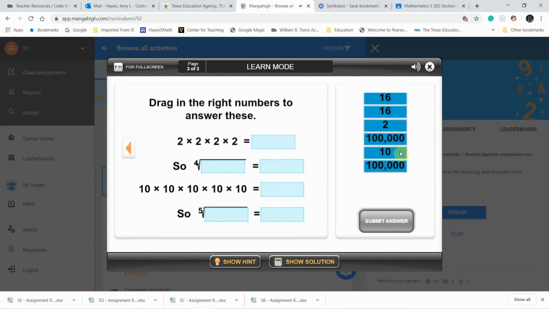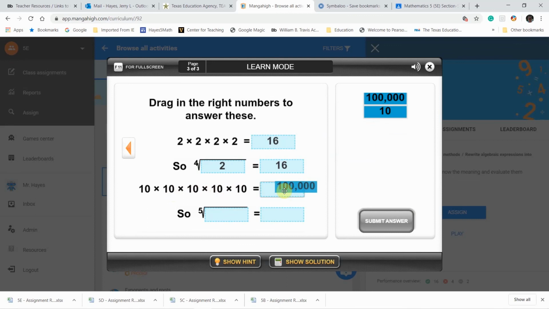Drag the right numbers to this place. 2 times 2 is 4. 2 times 4 is 8. 2 times 8 is 16, right? So we drag this over here to 16. So square root of 2 equals 16. 10 times 10 times 10 times 10 times 10 equals: 10 times 10 is 100. 10 times 100 is 1,000. 10 times 1,000 is 10,000. 10,000 times 10 is 100,000.